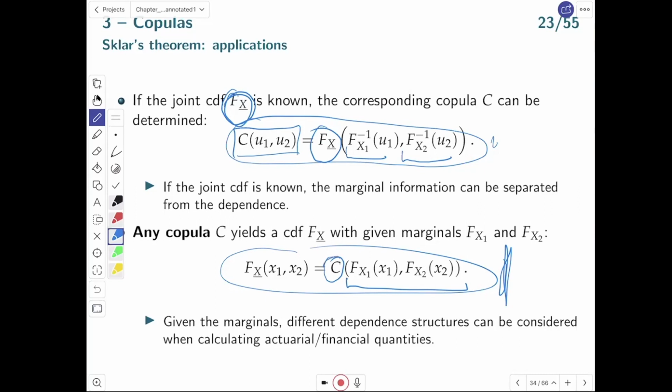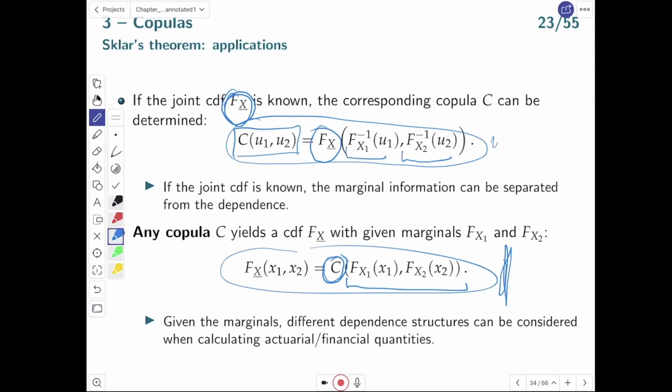You just apply a new copula function here, and that generates a new joint CDF. Right? So once you perform step one, meaning fitting the marginals, you can then apply different copula functions on top of these marginals, and each choice of copula function will give you a different joint CDF.